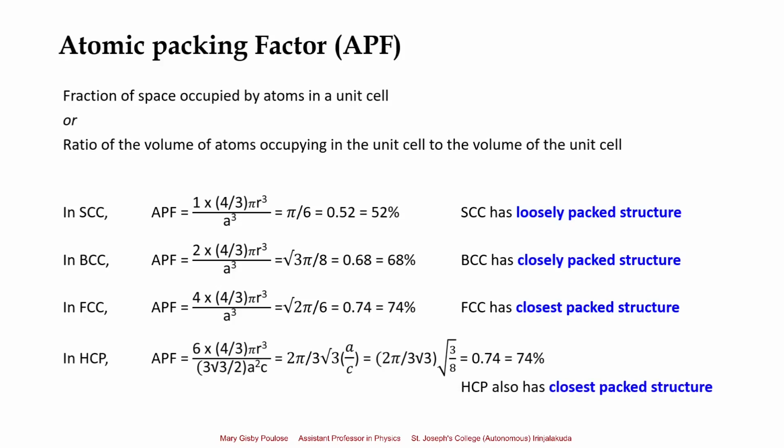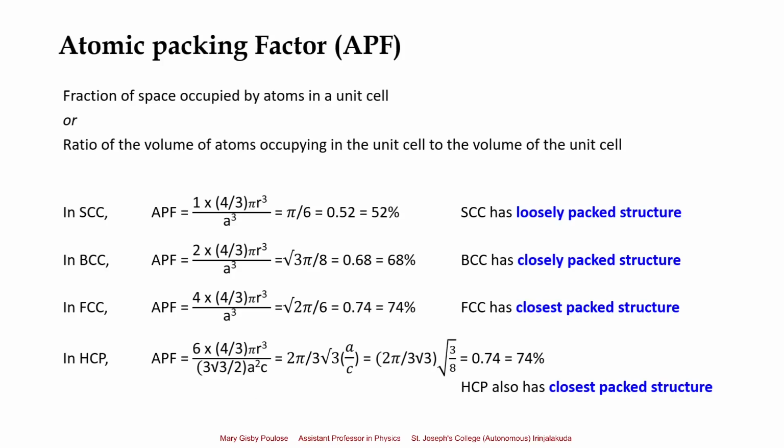Again, in the hexagonal close packed unit cell, the atomic packing factor is calculated as the volume of atoms in the unit cell, that is, there are 6 atoms per unit cell, hence 6 into 4/3 pi r cube, divided by the volume of the unit cell. The volume of the hexagonal unit cell is 3 root 3 by 2 a square c, where c is the height of the hexagon.